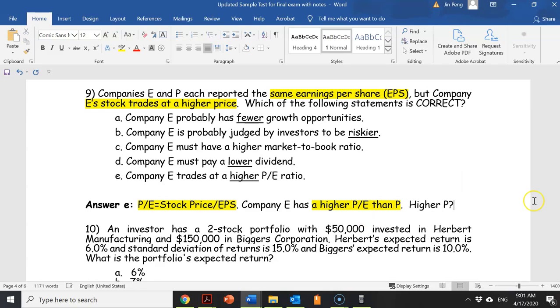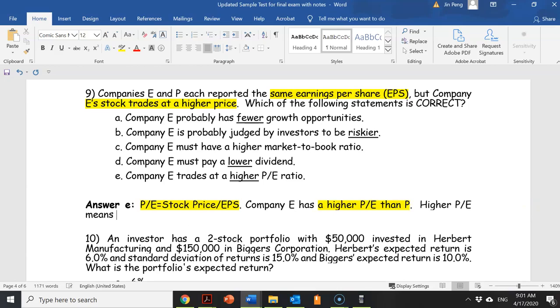A higher P/E ratio, as we discussed in chapter 4, means that investors believe the firm has higher growth opportunities and less risk.